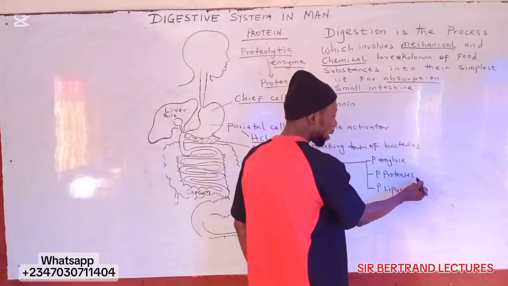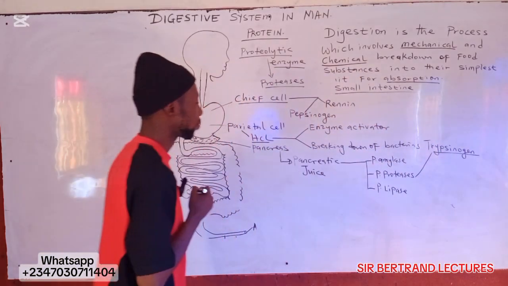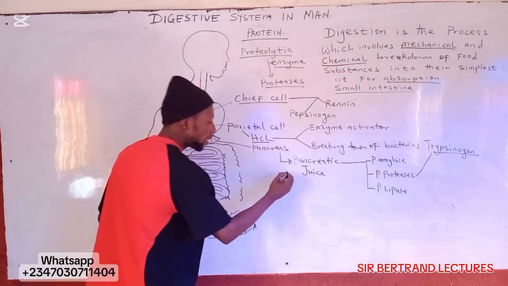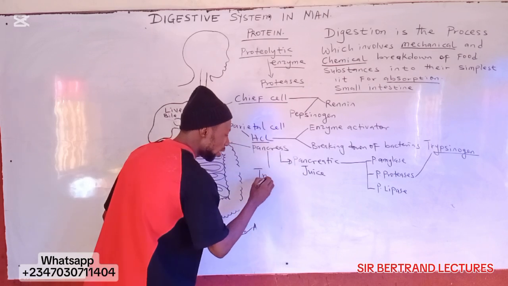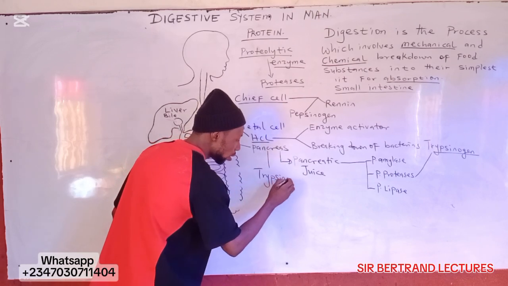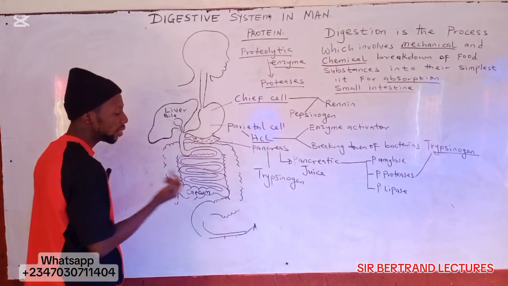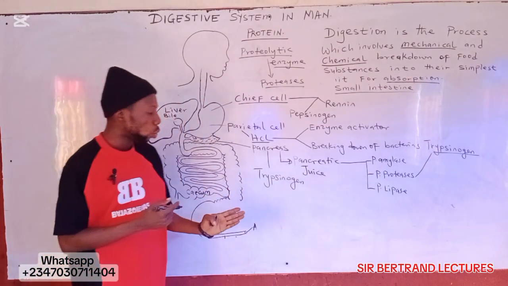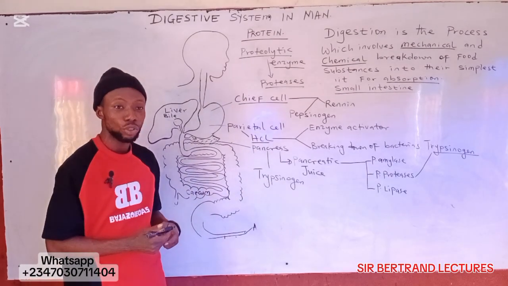And among the pancreatic proteases, we have trypsinogen, produced by the pancreas. The enzyme activator of this trypsinogen is not the hydrochloric acid in the stomach.